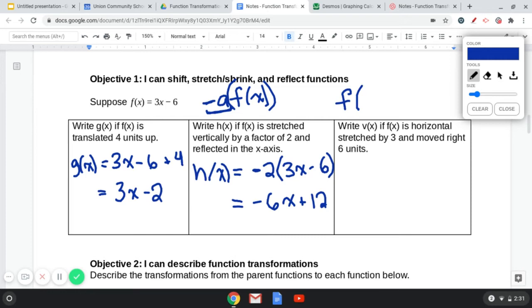Horizontal, the factors are reciprocals of what they would seem to be. So we're actually going to multiply by a 1/3 to horizontally stretch this. And then times every x. And we need to go to the right 6. So that'll be minus 6.